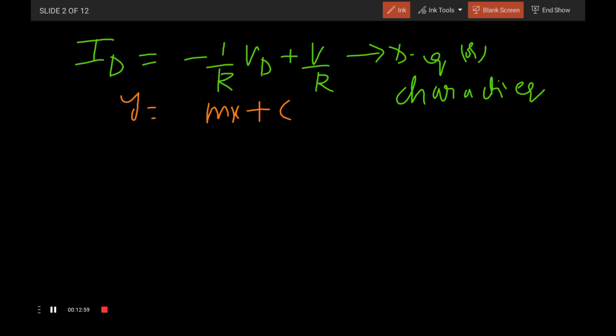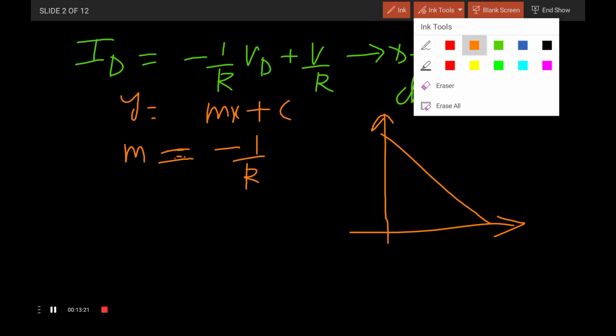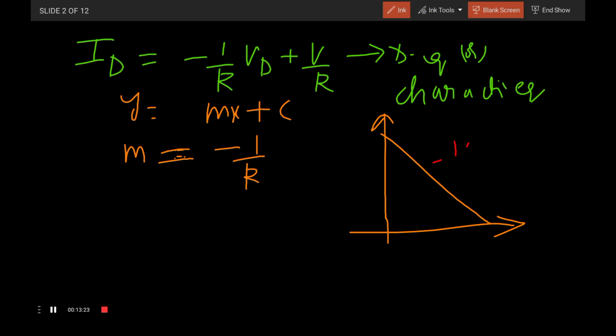Here the slope m is equal to minus 1 by R. So this line represents a slope of minus 1 by R. This axis is generally called ID, and this one is VD.